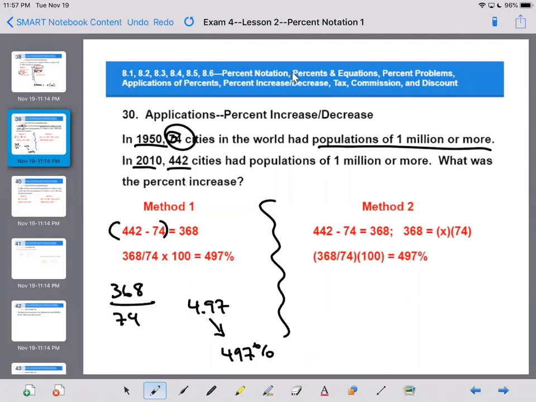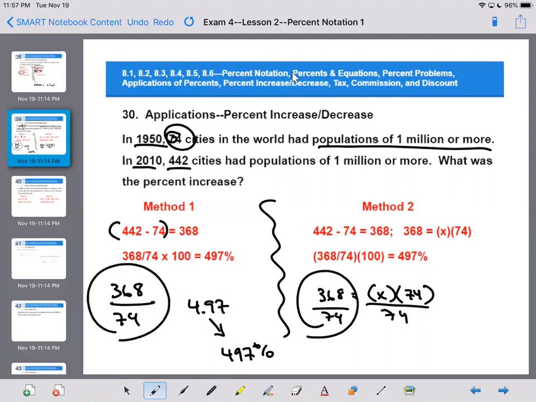Method 2 is just find the difference. So you would say, well, the difference is the same as if I took a percent of the original. So when you divide both sides by 74, notice you're getting the same process there, same result.